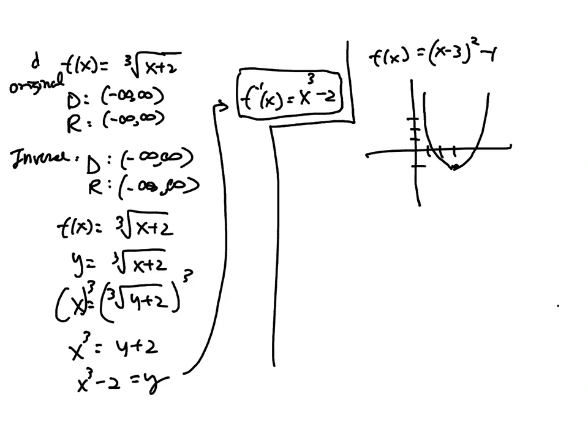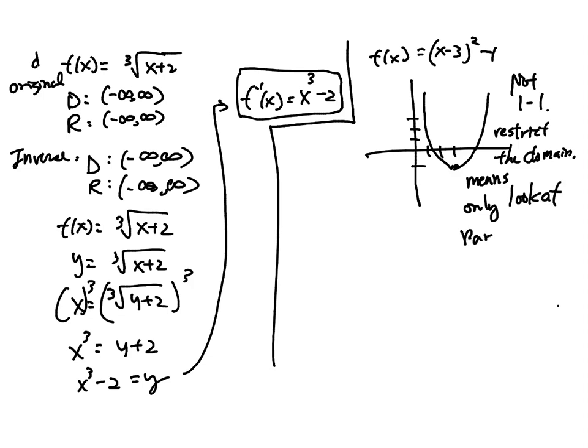Now, be careful. This graph right here is not a one-to-one function. So which means I have to restrict the domain, meaning only look at part of the original.